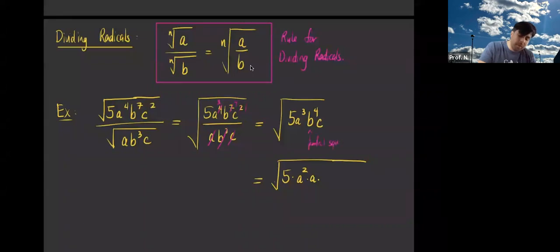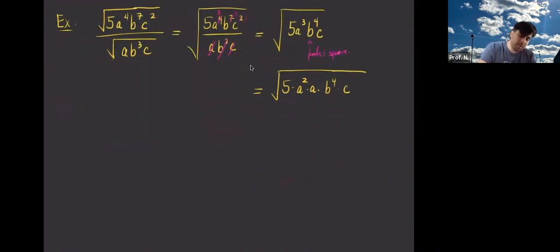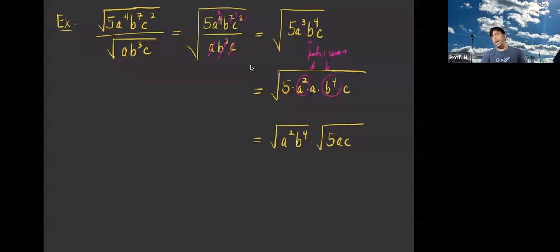Remember, perfect squares are expressions that have an even power. So the moment you have an even exponent, you're a perfect square because that exponent can be divided by 2. So I'm just going to leave it as b to the fourth and then c. And so these are my perfect squares. So a squared is a perfect square and b to the fourth is a perfect square. So that means I can now rewrite this as the square root of a squared, b to the fourth, multiplied by 5ac. 5ac are all not perfect squares, so we leave that underneath the square root.